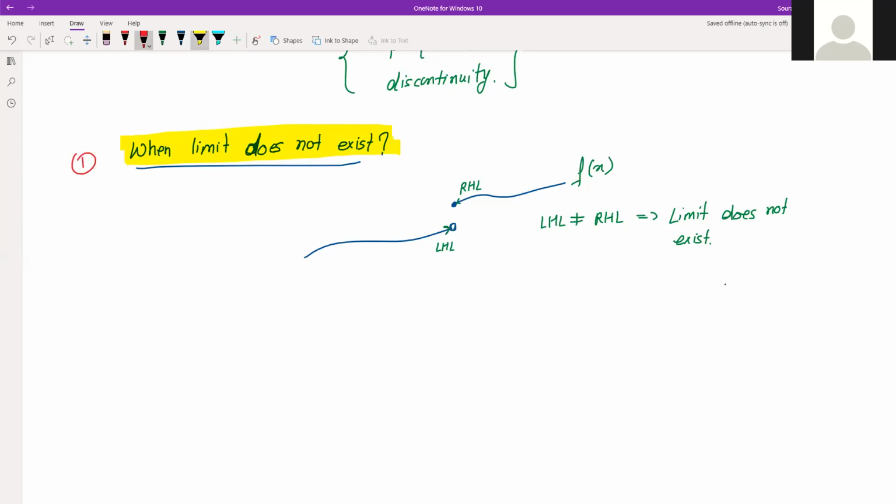Okay. Now, what if the limit exists? The second case, the one we have seen above.